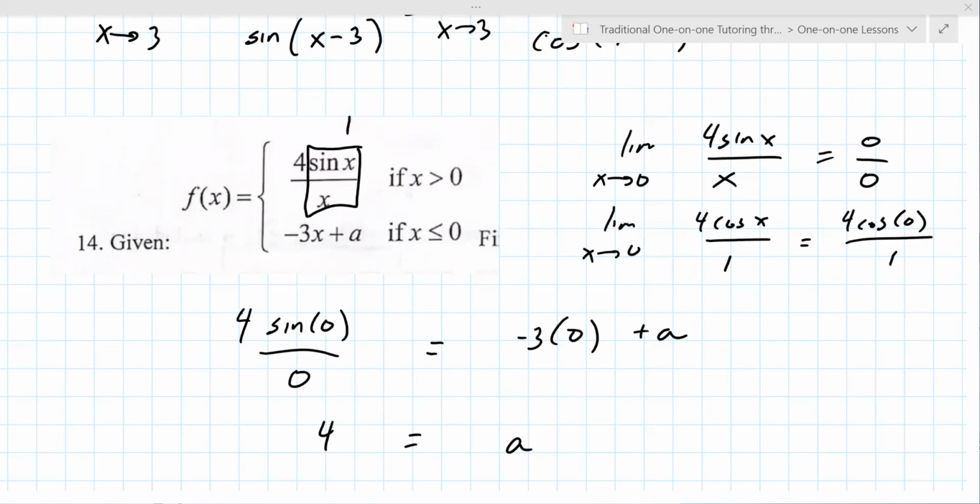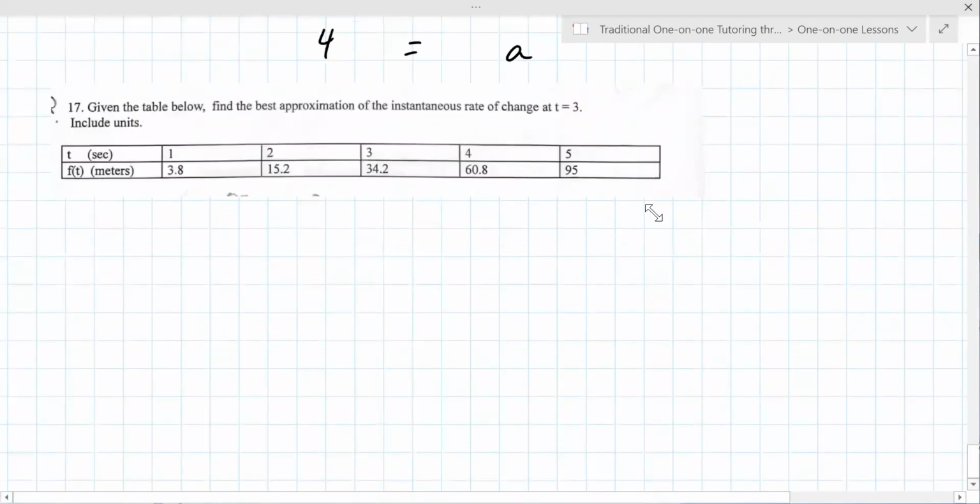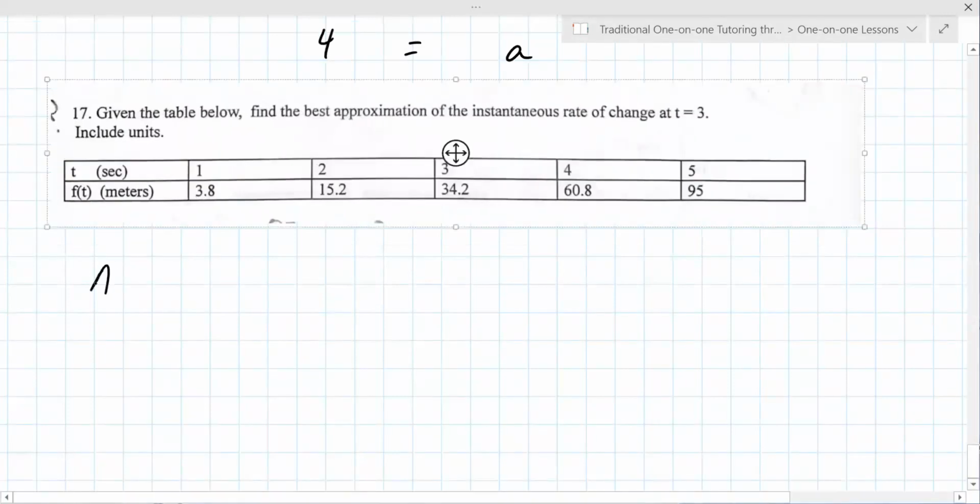The other questions on here, maybe we should do average rate of change and instantaneous rate of change. So let's do maybe one of these here. Let's do the average rate of change from 1 to 3.